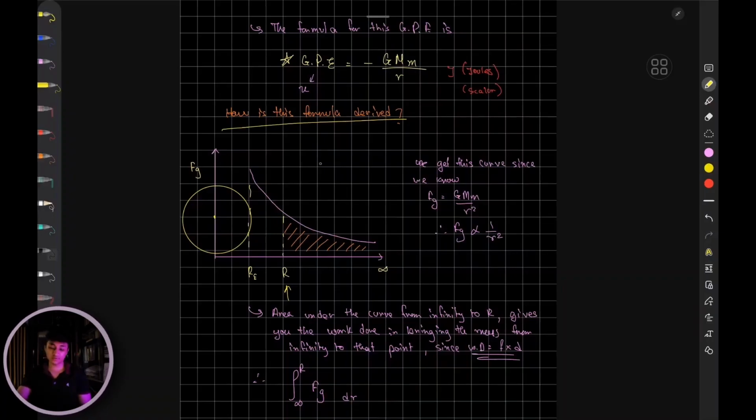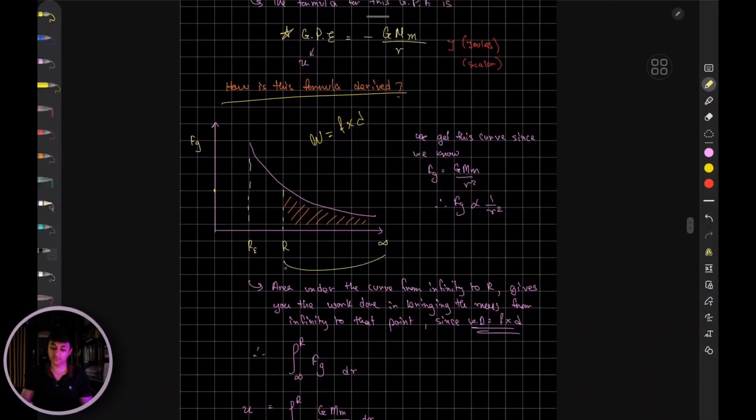So remember the formula for work done, force into distance. So what you have over here is force on the y-axis and distance on the x-axis. So how will you find out the work done? You integrate. You find the area under the curve between r and infinity.